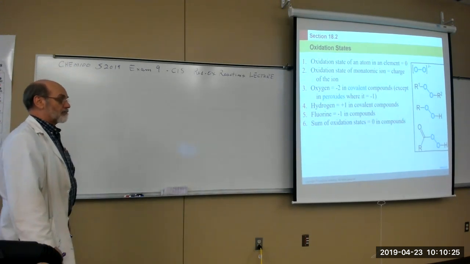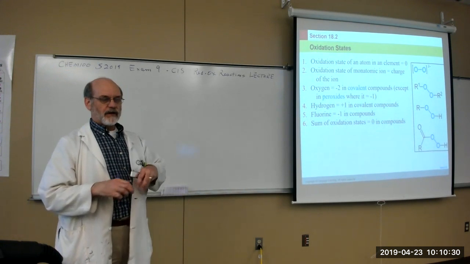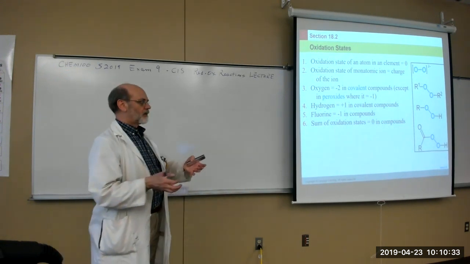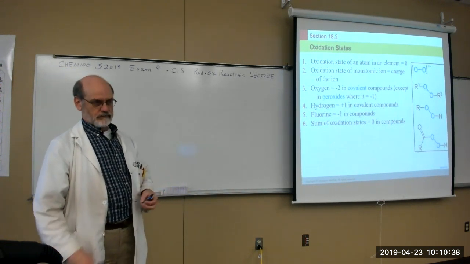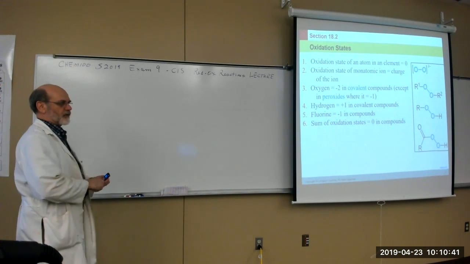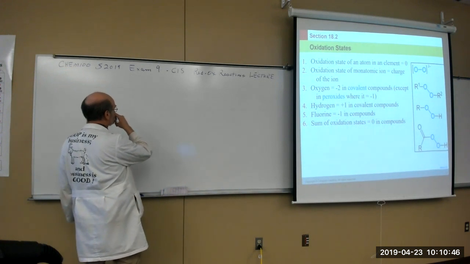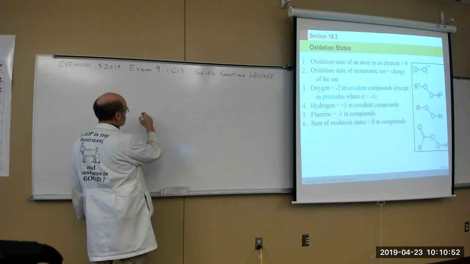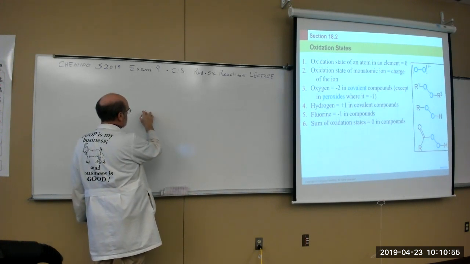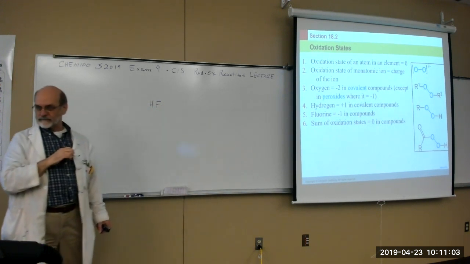If your compound is neutral, there's no charge, you don't have a polyatomic ion, for instance, then the sum of all the oxidation states has to be 0. Let's take a simple example, hydrofluoric acid.